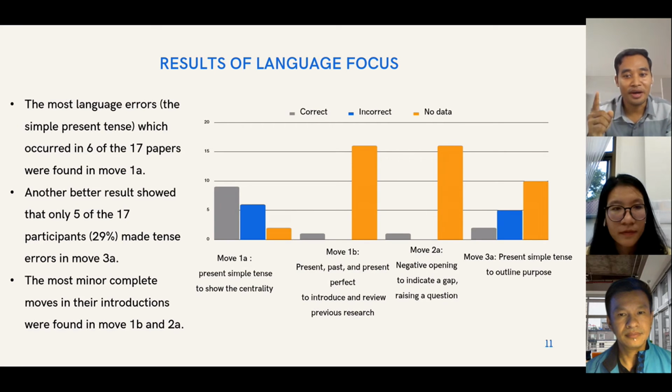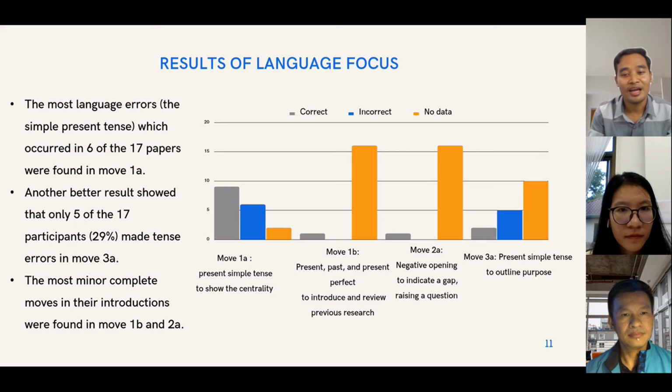However, another better result showed that only 5 of the 17 participants, that means about 29%, made tense errors in Move 3A. And unexpectedly, tense use in Move 1B and the negative openings in Move 2A could not be analyzed due to the absence of data in the two moves.